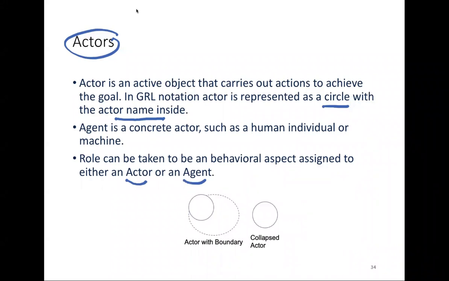So we might see just a collapsed actor where everything is collapsed inside it, or we could see an actor like a circle where we have the boundaries, and inside the boundaries we have all the tasks, the goals and all of the intentional elements inside such a circle. An actor could be an agent, or it could be a generalization form to a role that is used to model the behavior aspects of either the actor or the agent.